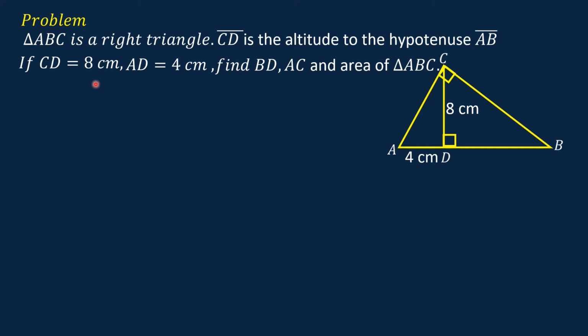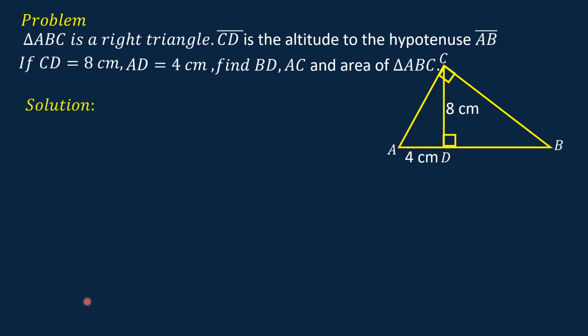If CD is equal to 8 centimeters, AD is equal to 4 centimeters, find BD, AC, and the area of triangle ABC. According to the geometric mean theorem, this altitude CD is the geometric mean of AD and BD.